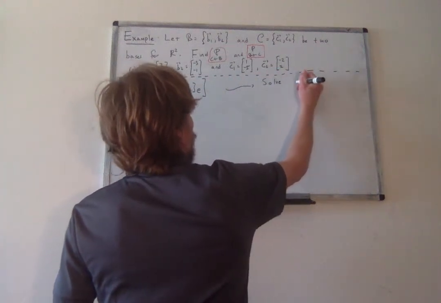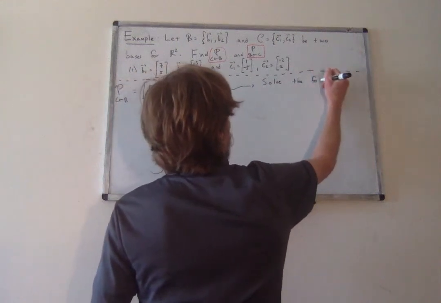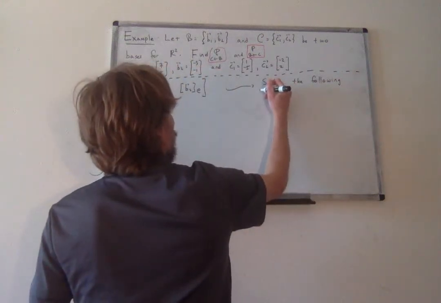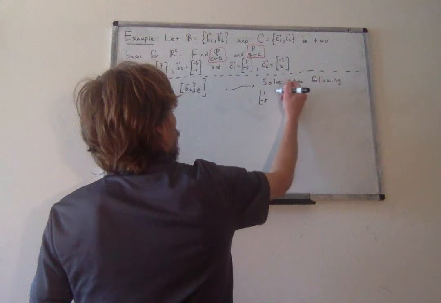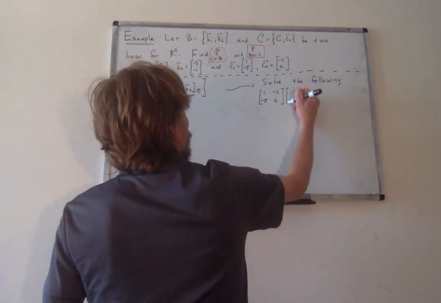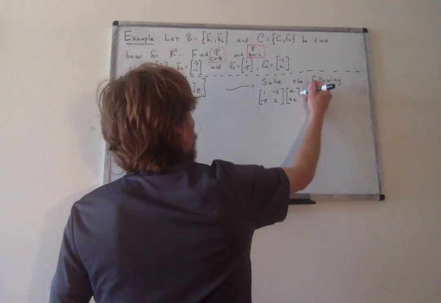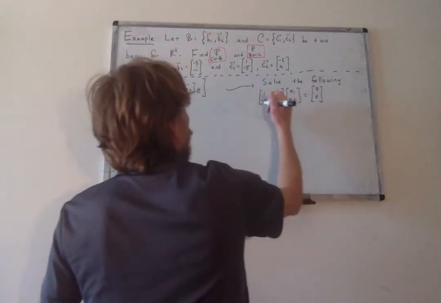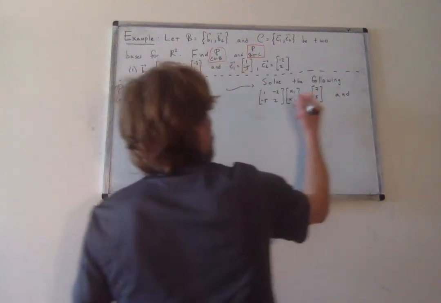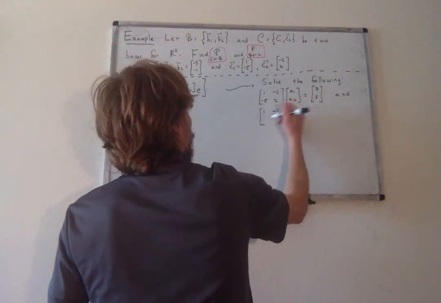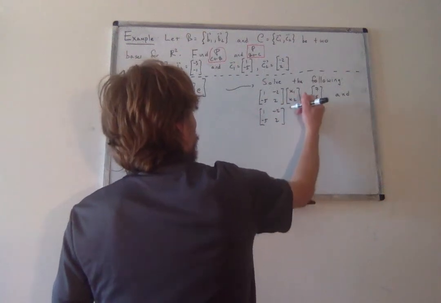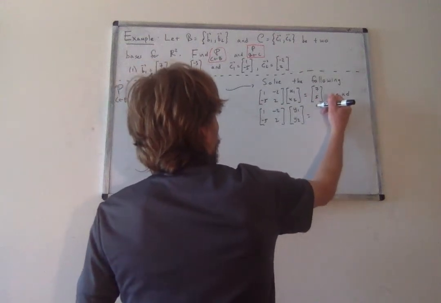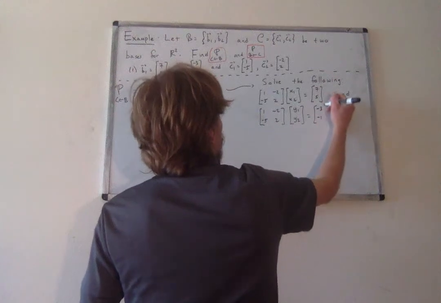What we want to do is solve the following 2 matrix equations, where the columns of the matrix are the C vectors and the solution vectors are the B vectors.